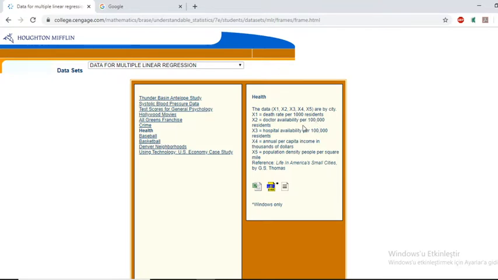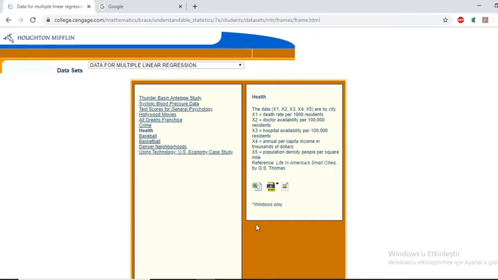In this dataset, there are the number of doctors, hospital availability, income, and density variables within the datasets.